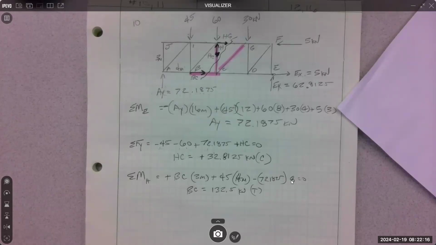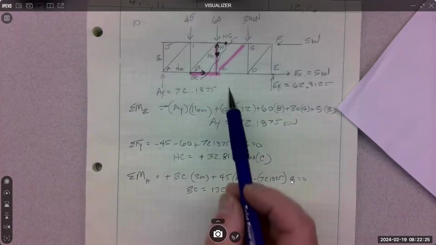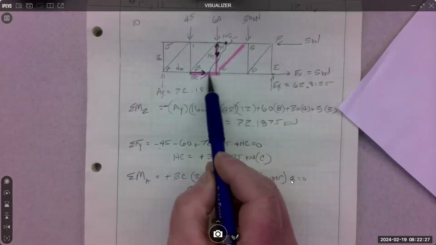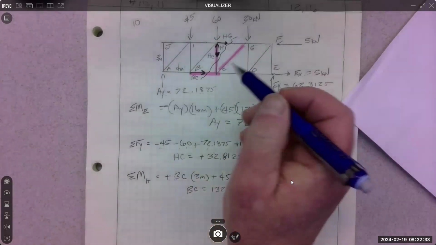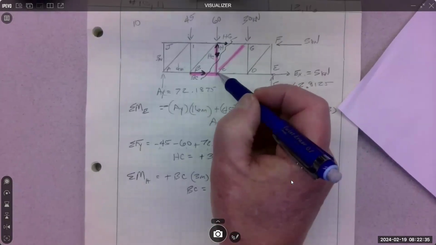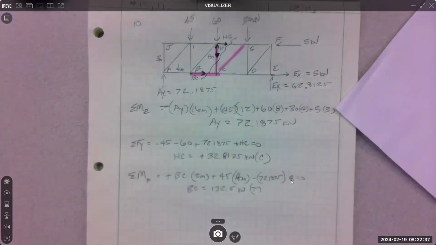Other ways you could do it: instead of two cuts, you could jump to method of sections or method of joints. And say, okay, I'll do analysis here because now I know this one, I know this one, I don't know this one, and I don't know this one. So method of joints would work also, just jump to C. So we'll start to combine these methods.